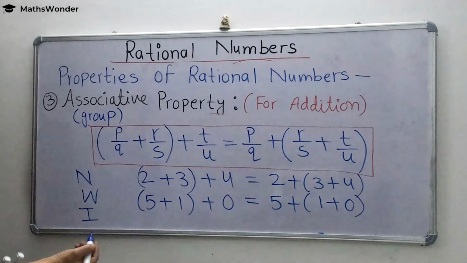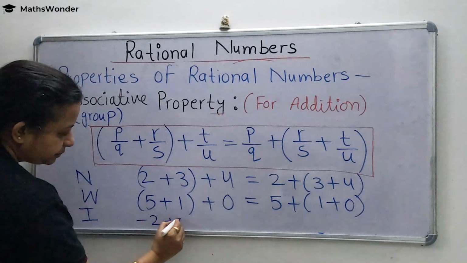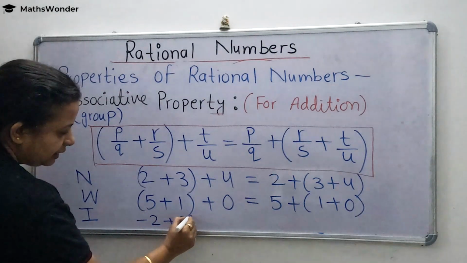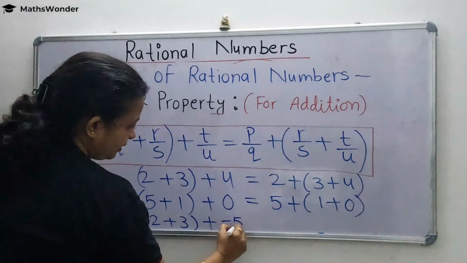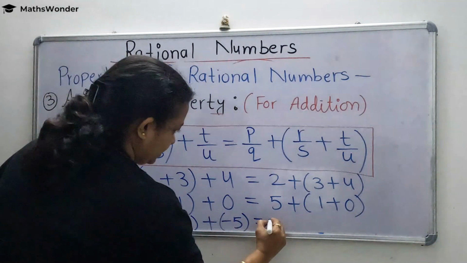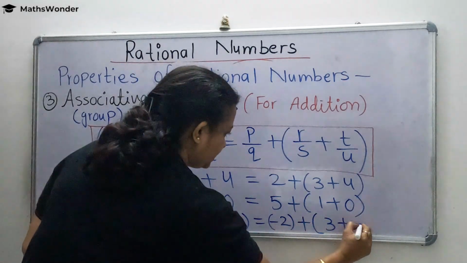Any integer value, if you take here negative 2 plus 3 plus negative 5.